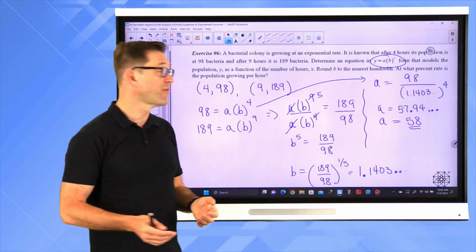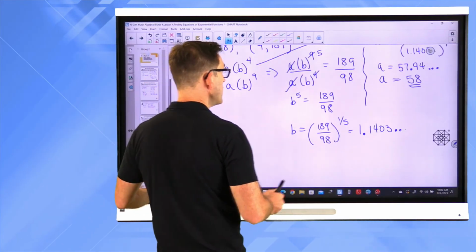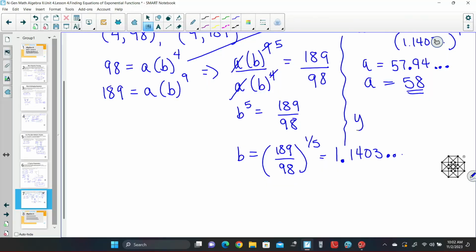So let's write down our final model now. We've got everything we need. So we can now say y is equal to 58 times 1.14 raised to the x.